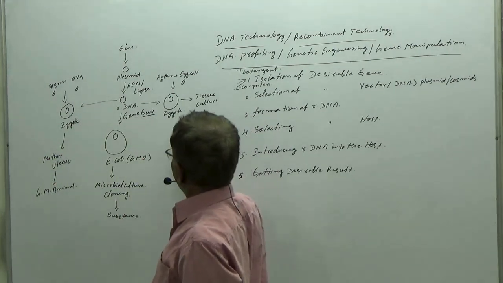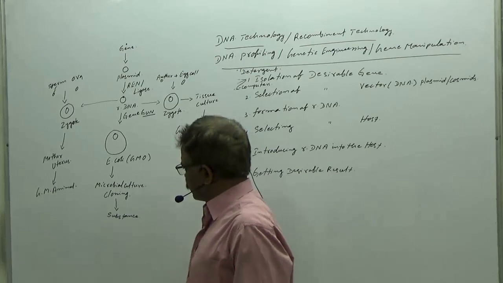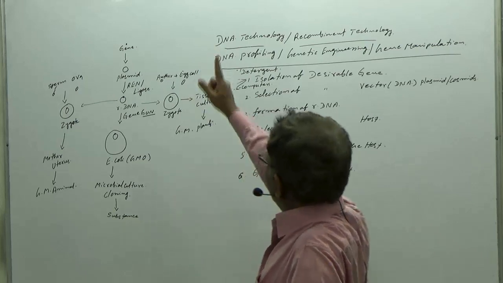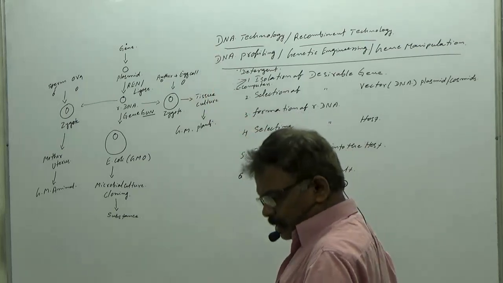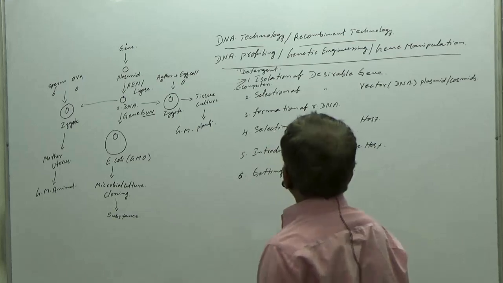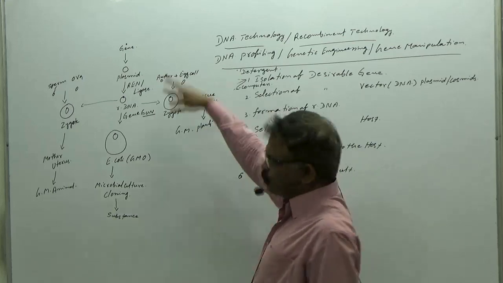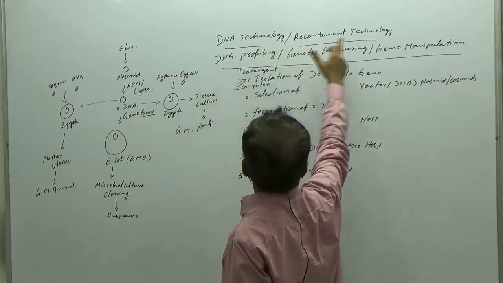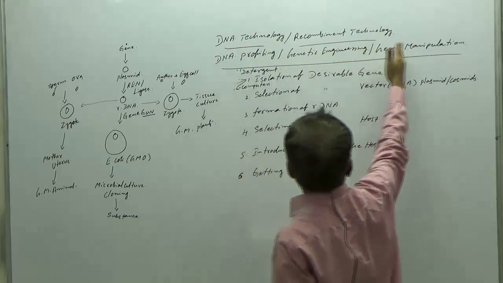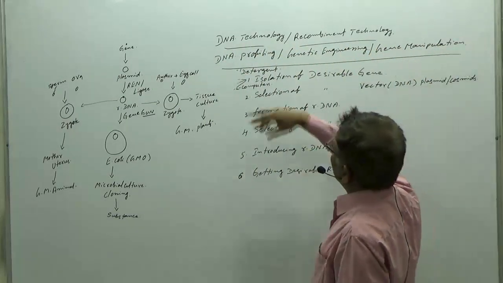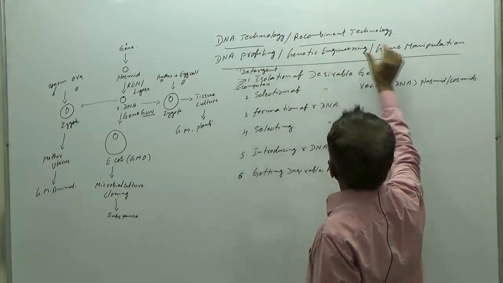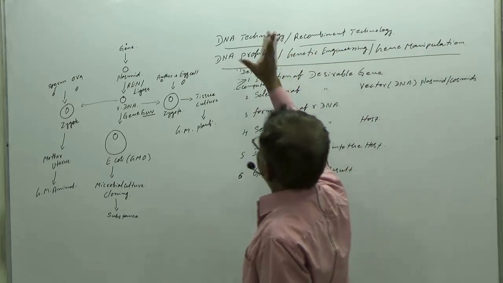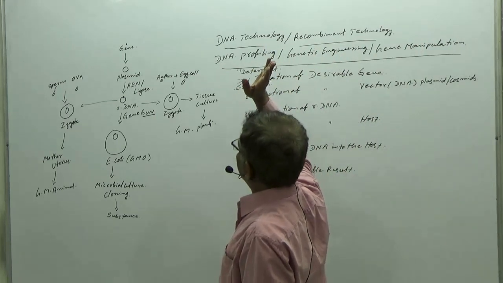So this is a genetically modified plant. Something like that. This is totally DNA technology. So it's clear. DNA technology or recombinant technology, genetic engineering or genetic manipulation, everything is the same.